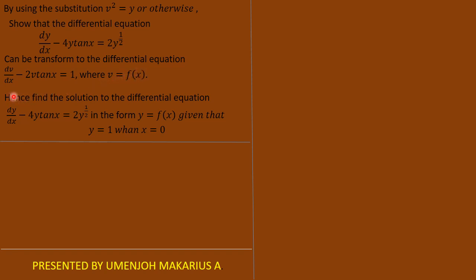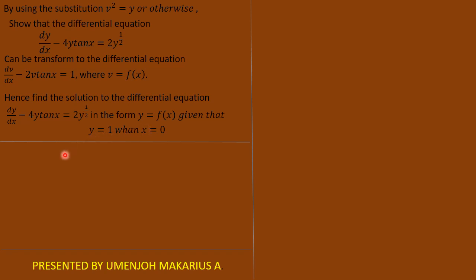Then the next part says that hence we should find the solution of the differential equation dy by dx minus 4y times the tangent of x equals 2y raised to the power 1/2 in the form y equals f of x, given that y equals 1 when x is 0.